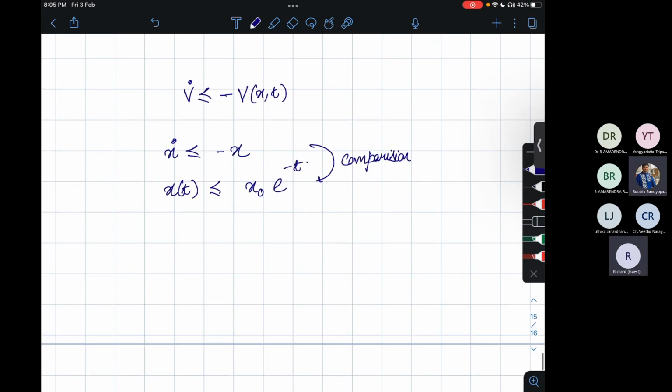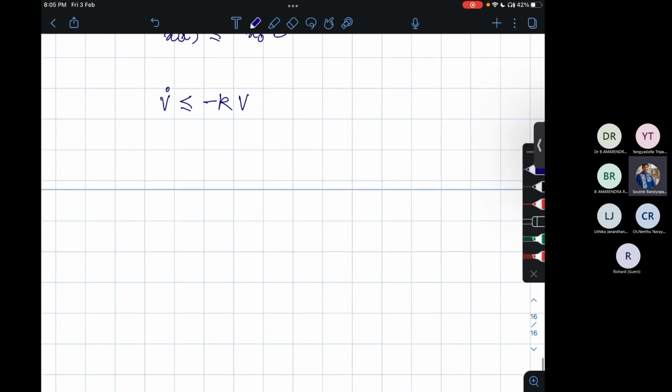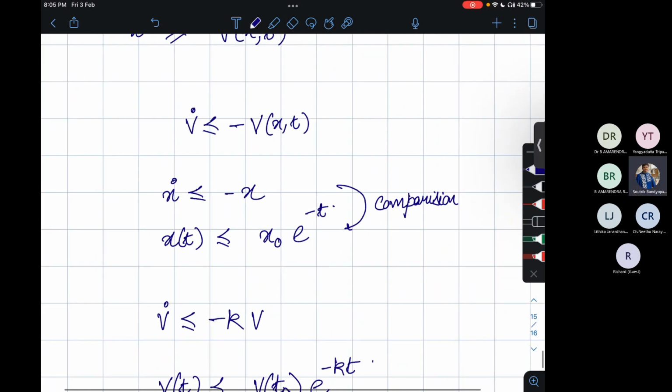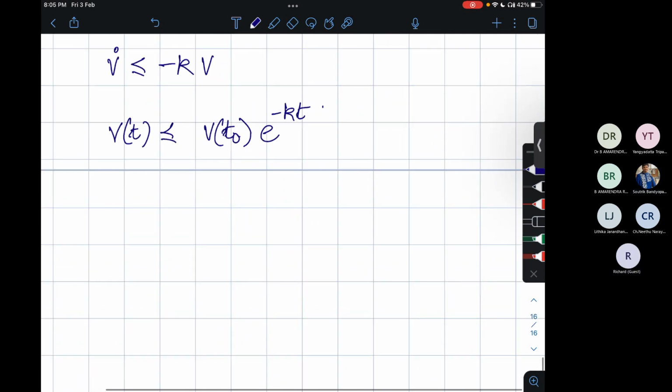In fact, if I have V dot less than minus k times V, then I can write that V of t is less than V of t naught times e to the power minus kt. So the ratio between how big V was and how negative V dot is gives us the constant k in this expression.